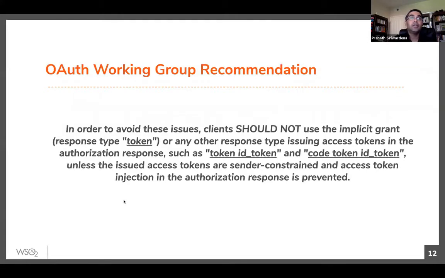Yeah, so this is the OAuth working group recommendation even. So you should not be using any token which comes in a URL fragment if the tokens are not sender constrained. But if you're using OpenID Connect, OpenID Connect makes these tokens sender constrained.